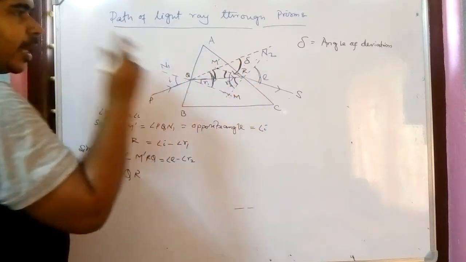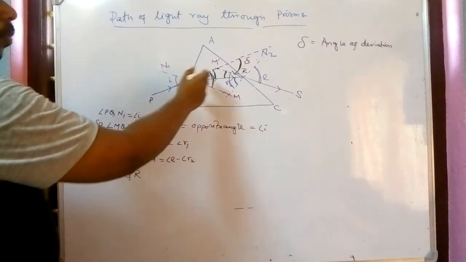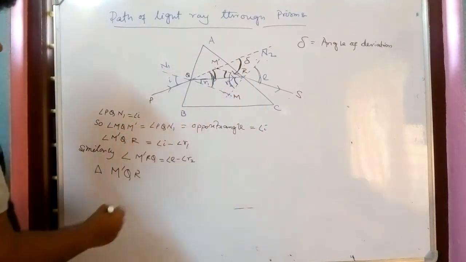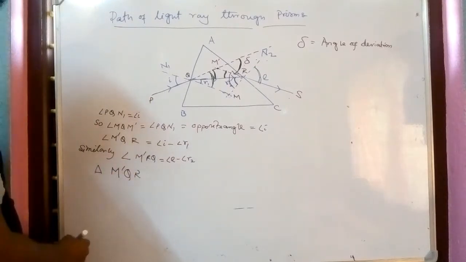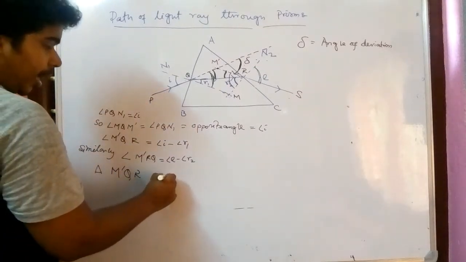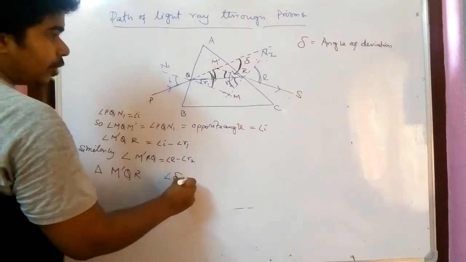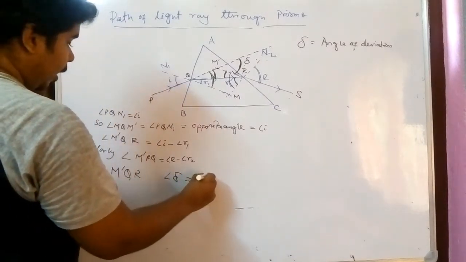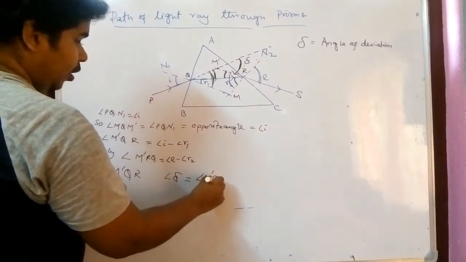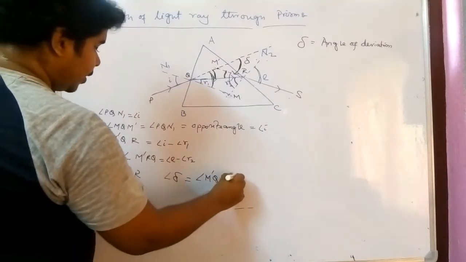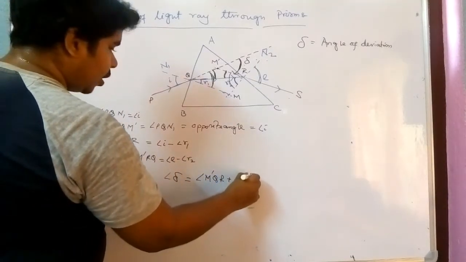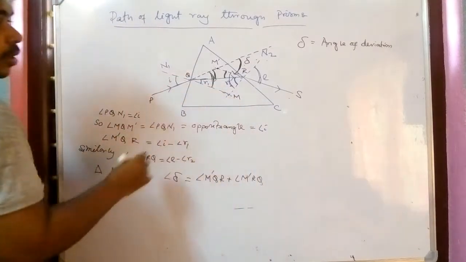So the outside angle equals the sum of inside angles. From triangle M dash QR, we can say that angle delta should be equal to angle M dash QR plus M dash RQ.